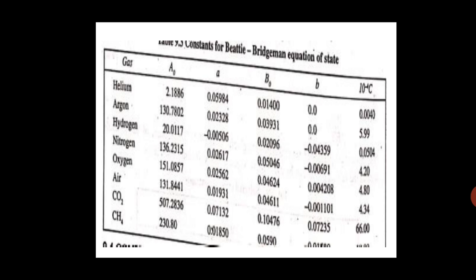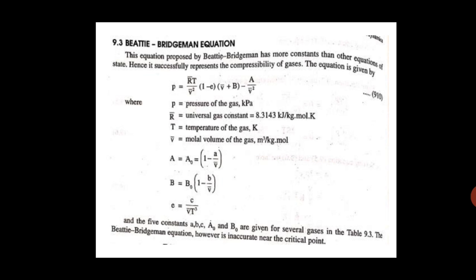So first you will write down the values of small a, b, c, A naught and B naught, and then using the relations: A is equal to A naught into 1 minus a by V bar, second relation, B is equal to B naught into 1 minus b by V bar, and c is equal to c by V bar T cube. Using these three relations, you are going to find out A, B and c.